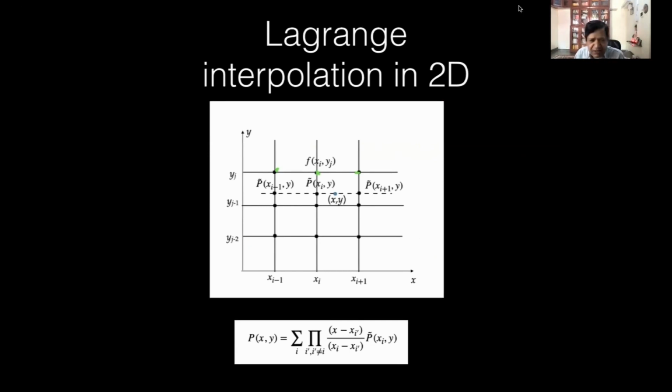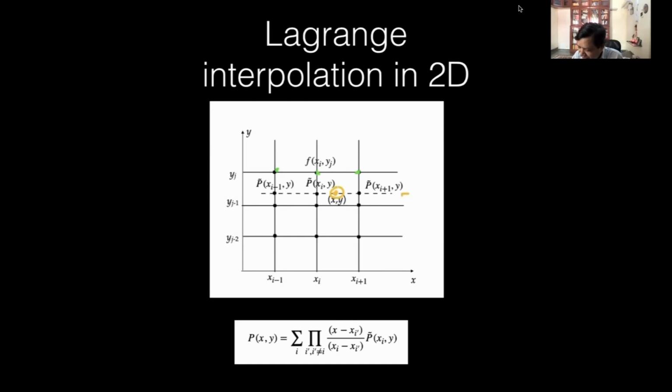So we can apply this Lagrange interpolation in the following manner. My objective is to find the value of the function here, at x, y. Of course, this is not lying on a grid point, it is somewhere in between. So now fix y.